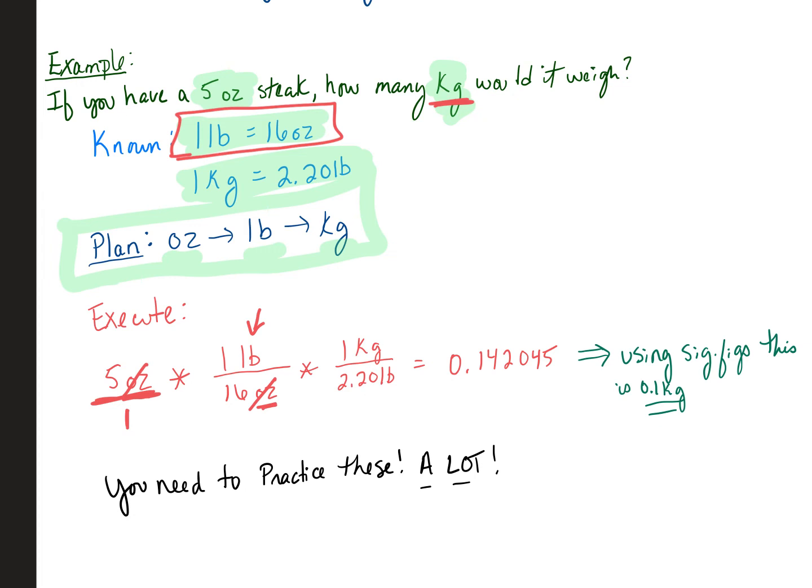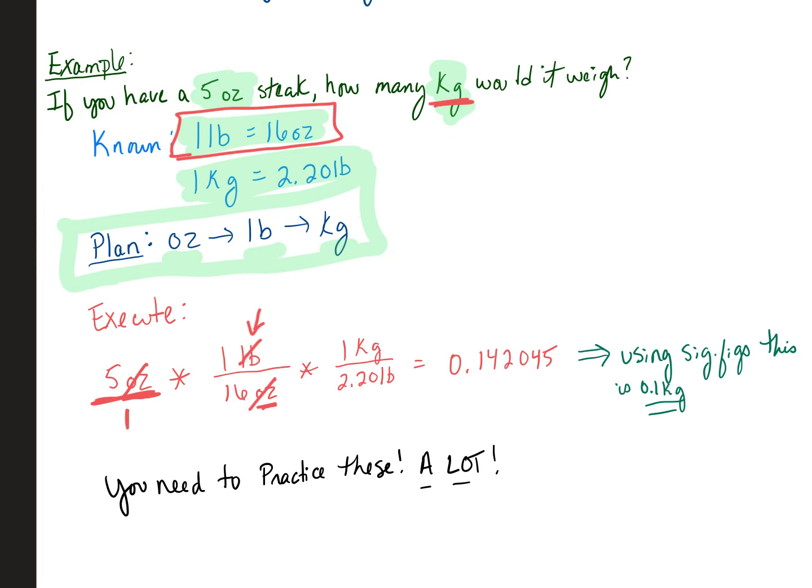So this section goes up here. Take that away so it's not in the way. In this capacity, pounds here and here will cancel. My units are all canceled except for kilograms, and that's what I want. So that's my goal. We're good.